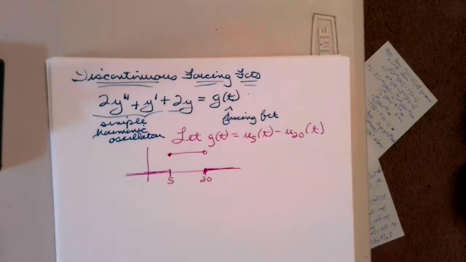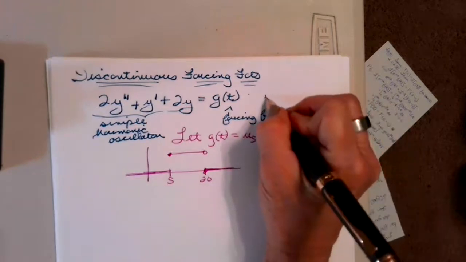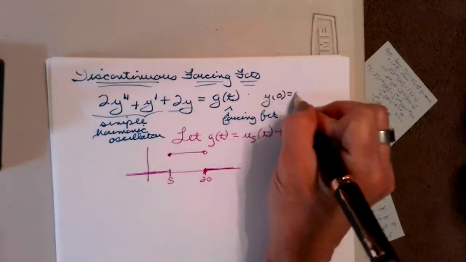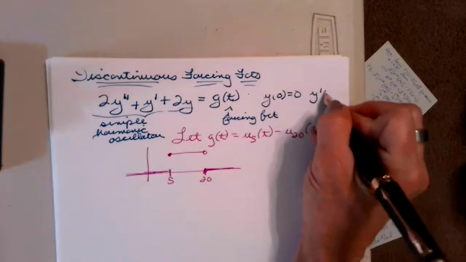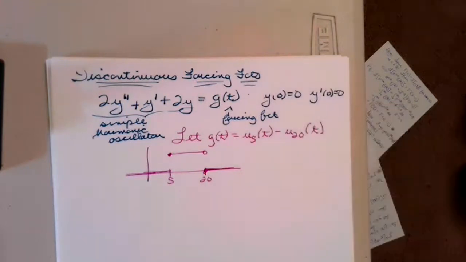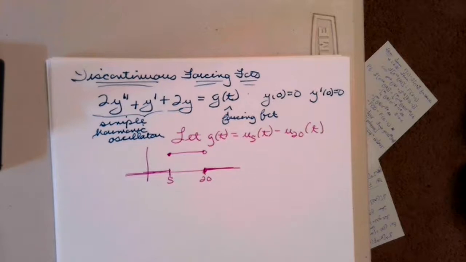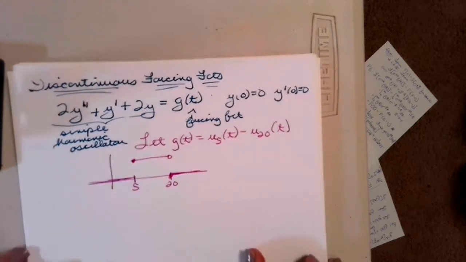All right, so we need some initial conditions. So let's take y of 0 to be 0 and y prime of 0 to be 0. Okay, so how do we solve this equation? We're going to try to solve it using Laplace transforms.